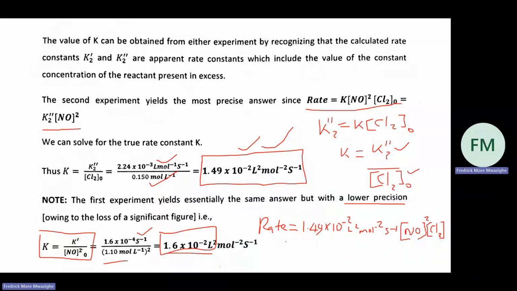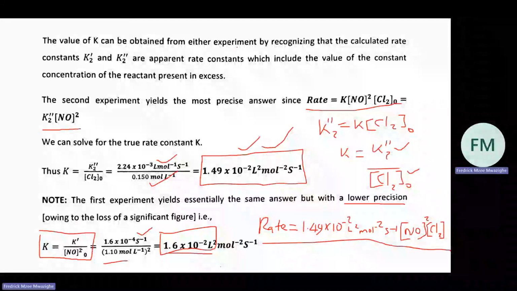So this is the exact rate law of this particular reaction that you will find based on the isolation method.